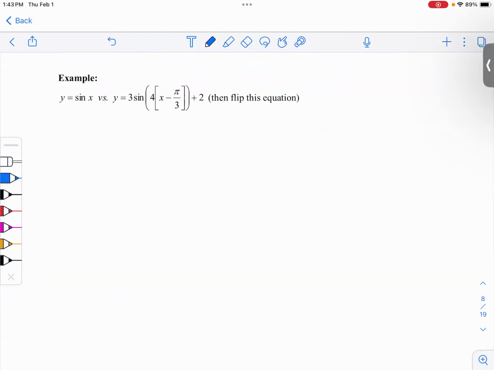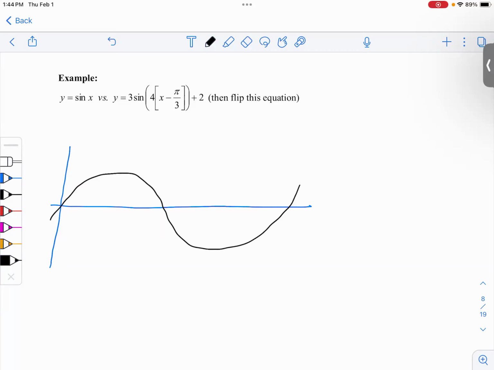Let's do this thing in practice. We have our basic sine function, and we want to keep practicing graphing this. So our basic sine graph: pi over 2, this is the first quarter, so we call that guy Q1.